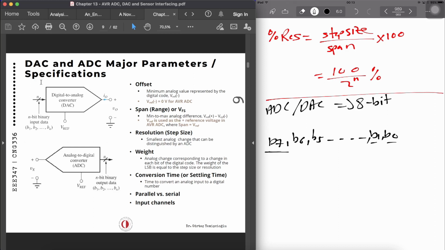It is generally dictated by the clock source connected to the ADC, in addition to the method used for data conversion and the technology used in the fabrication of the ADC chip. So these are important things when we consider DACs and ADCs, as they are major parameters.